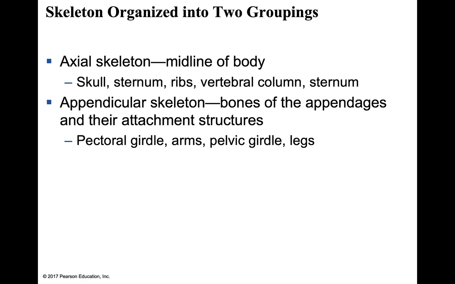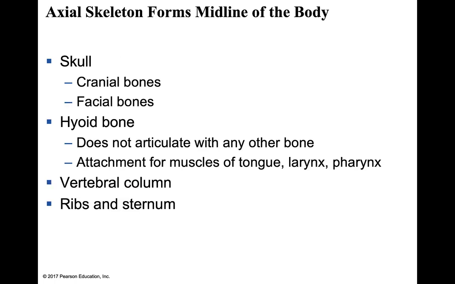You'll hear pectoral girdle or shoulder girdle, arms, pelvic or hip girdle, and legs. So once again, be able to describe the two subdivisions of the skeleton, axial versus appendicular. The rest of this screencast is focusing on the axial skeleton, and the next will be focusing on the appendicular.